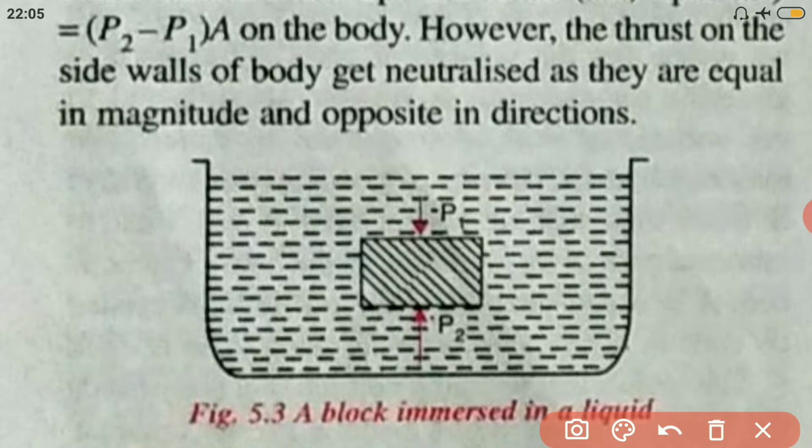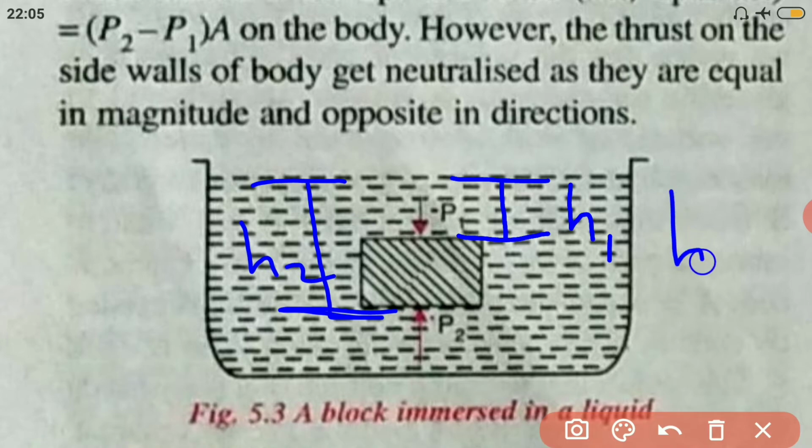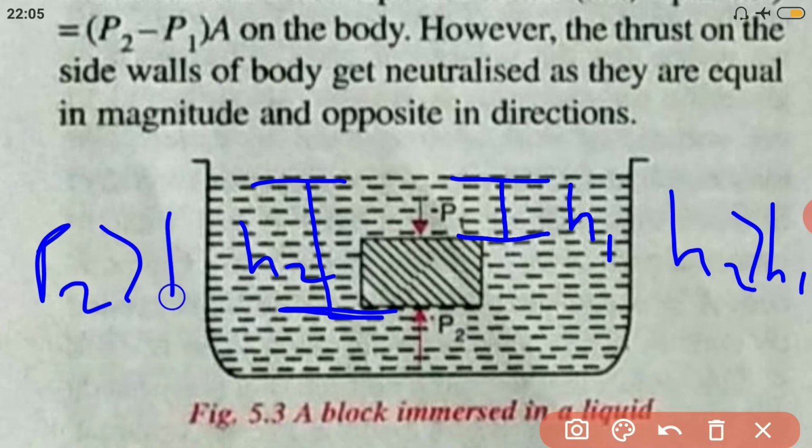This is the upper face, and the liquid above the upper face is this, let it be H1, a smaller height. But the liquid above the lower face is till here, that is H2.